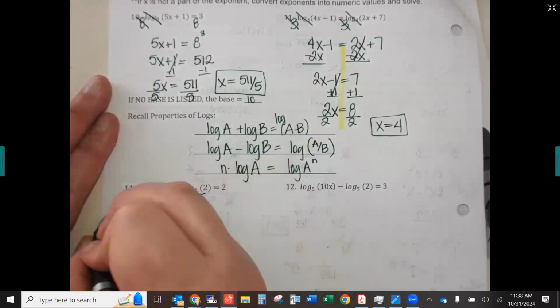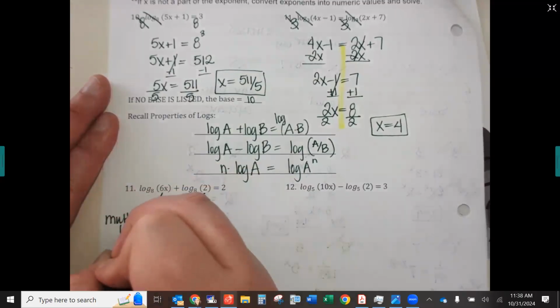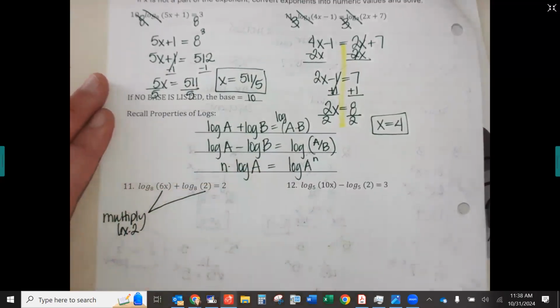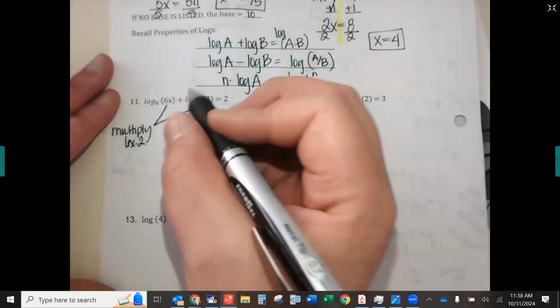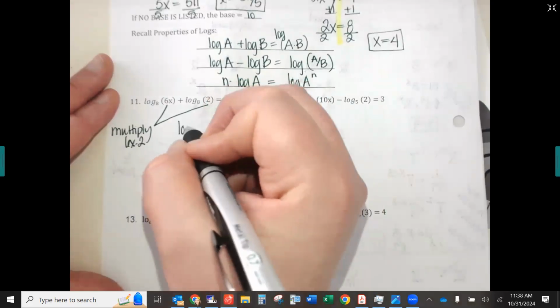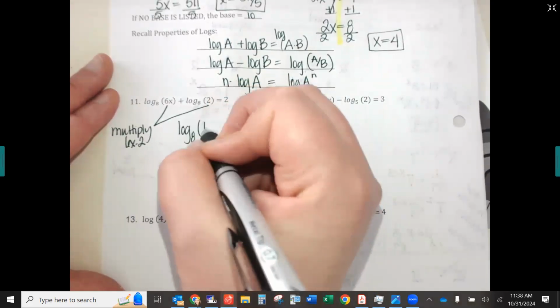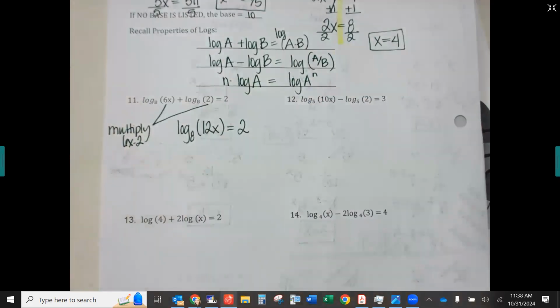So I'm gonna put right here, I'm gonna multiply 6x times 2, what is that gonna give me? Log little 8 of 12x. That's exactly right. So in order to get my 2 separate log 8s into the same log 8, I multiply. 6x times 2 is now a 12x.